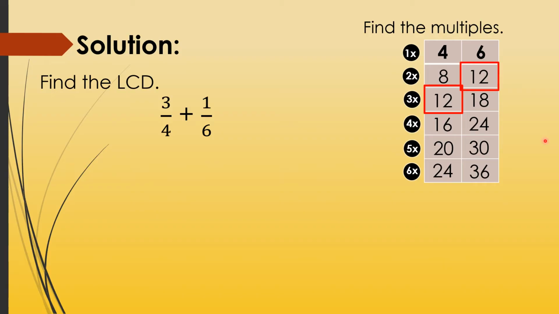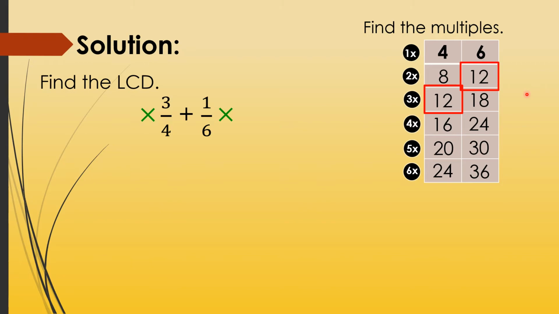Pero, pinagpatuloy natin siya hanggang 6. Pero kung nakita nyo na yung LCD, which is dito sa 3 or sa times 3, hindi nyo na kailangang ipagpatuloy pa ang pagmumultiply hanggang 6. So, since nakita na natin ang LCD ng 4 at 6, so that is 12.